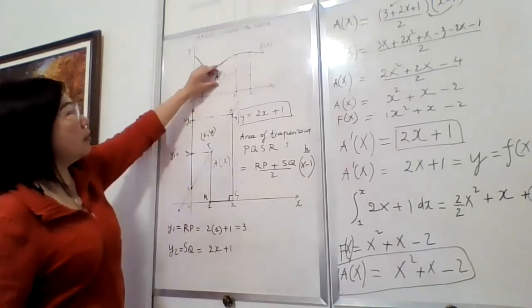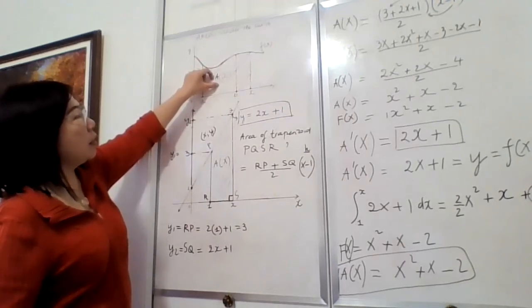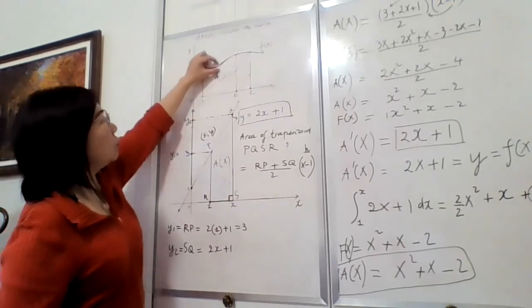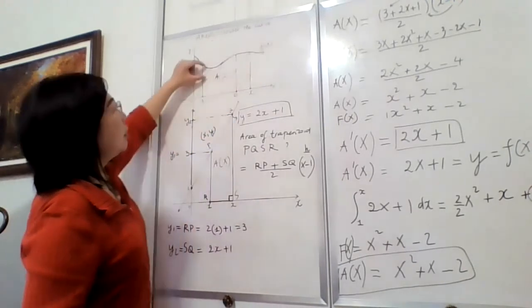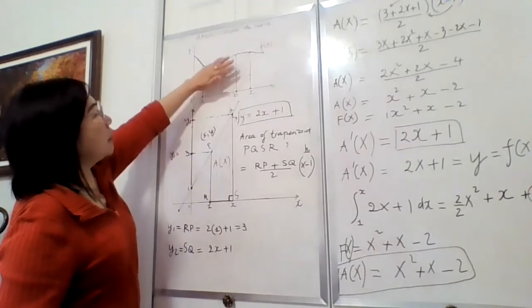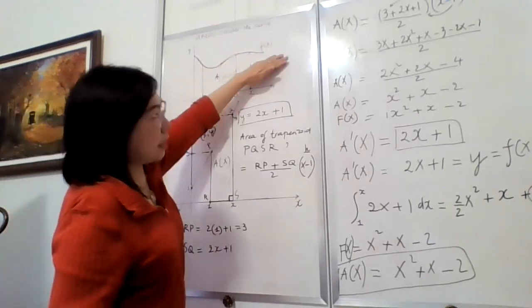So if I take the derivative of the area, A prime of x, I get back to the function f of x. So the derivative of the area, the rate of change of the area under the curve, is the function itself.